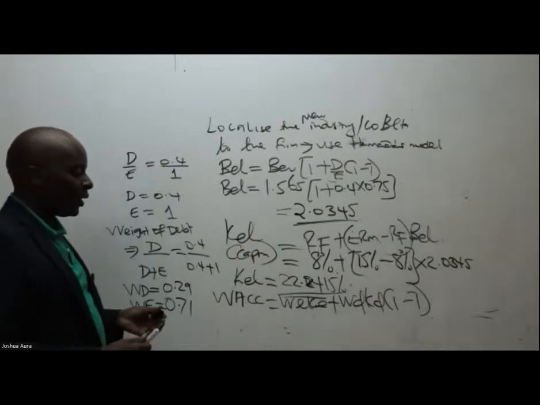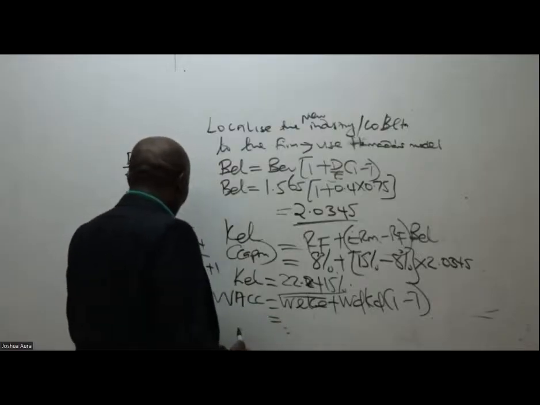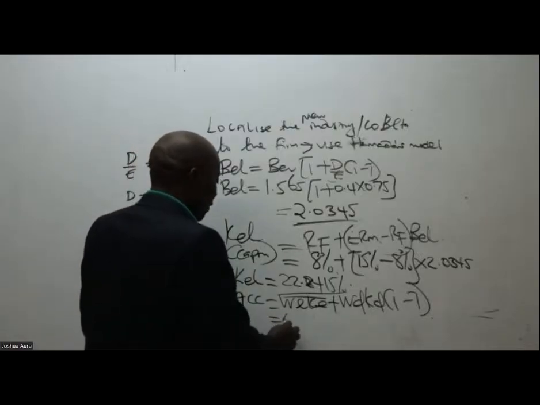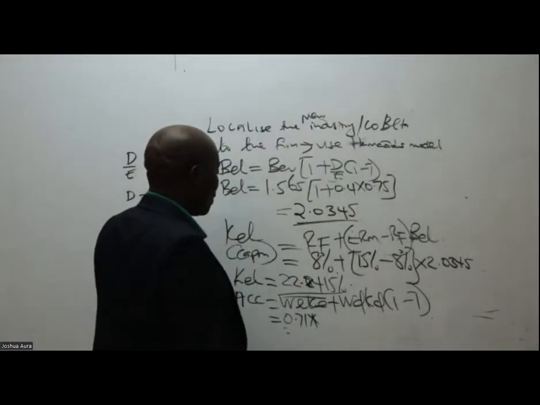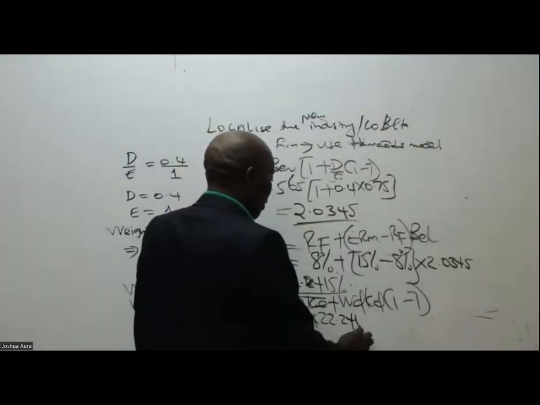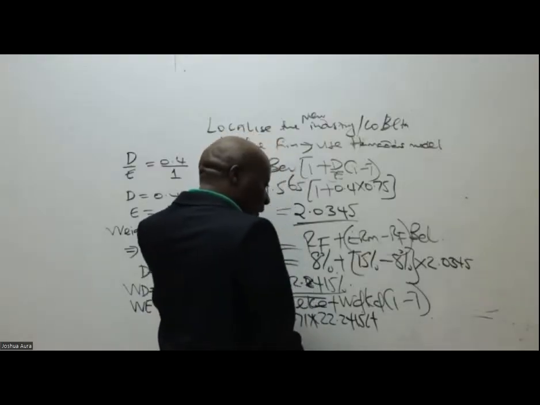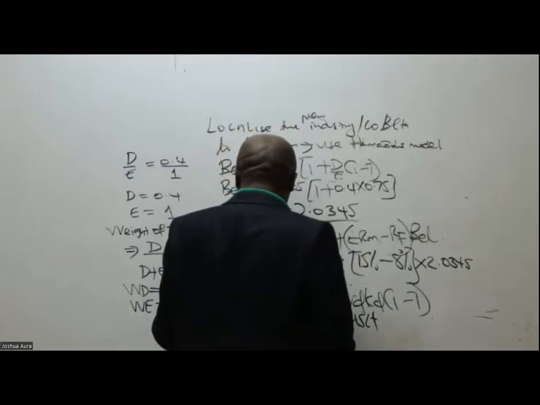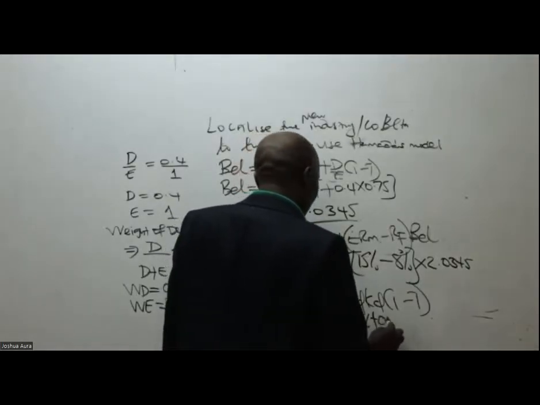So now we have everything to plug in here. Our WACC will be equal to the weight of equity, which is 0.71, times the cost of equity, which you had given me: 22.2415%, plus the weight of debt, which is 0.29.